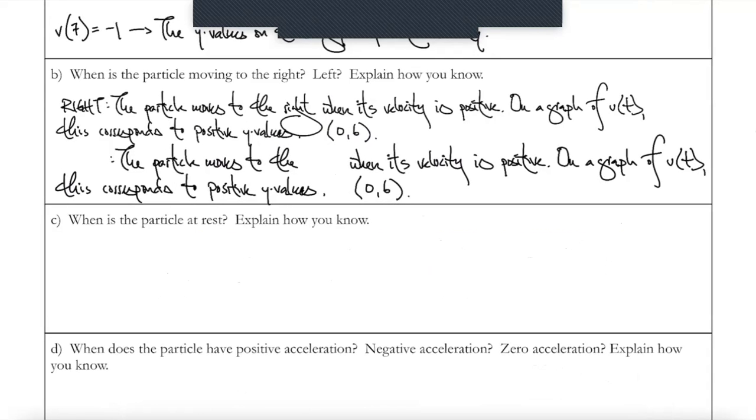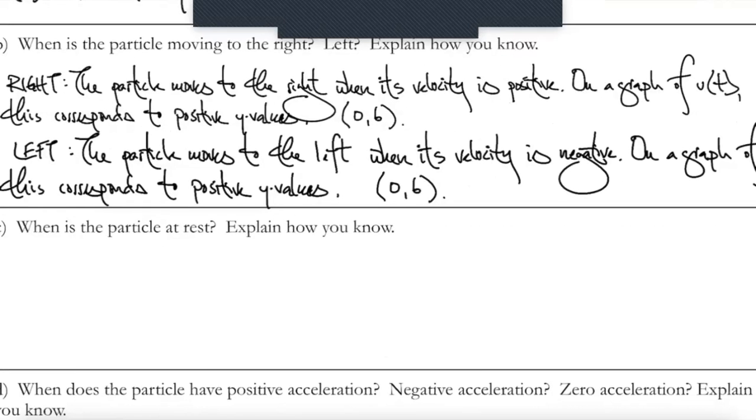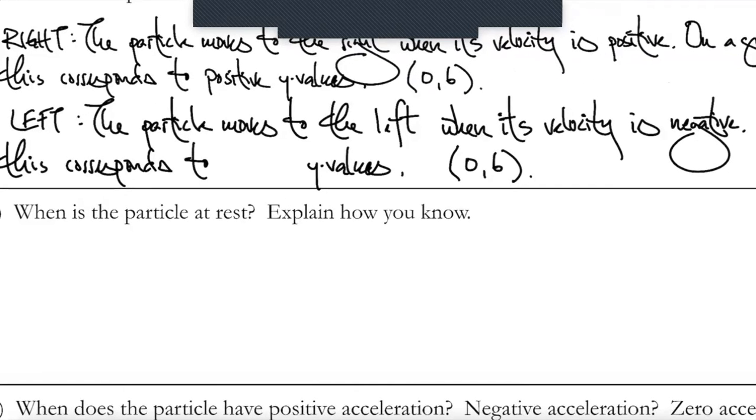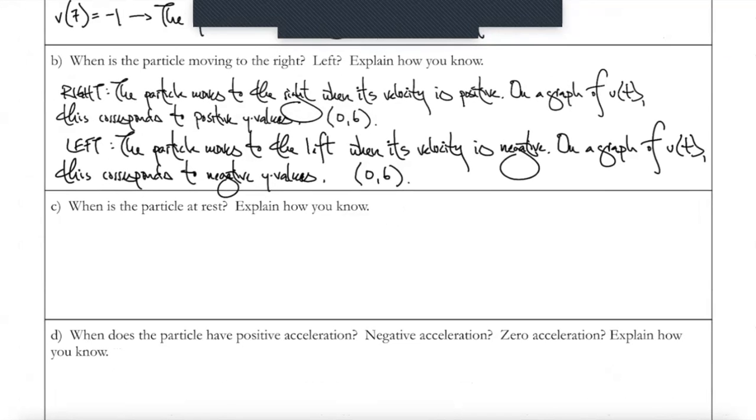When we are moving to the left, the particle moves to the left when its velocity is not positive but negative. On a graph of v of t, this corresponds to negative y values. Okay.